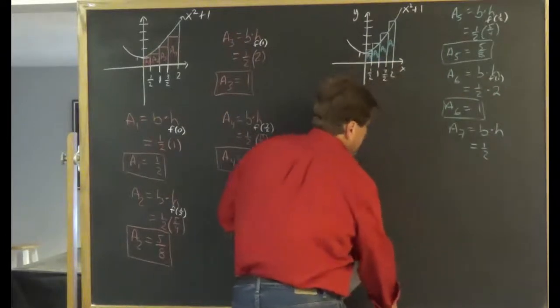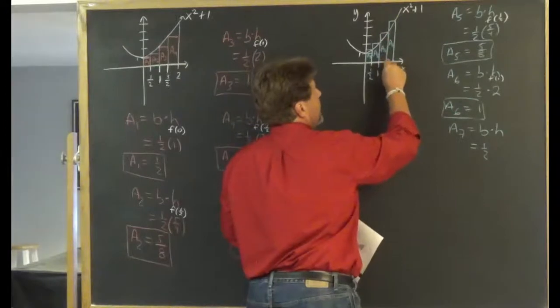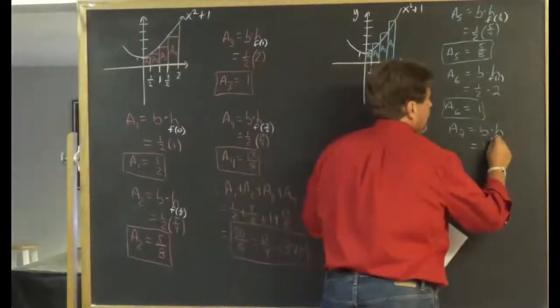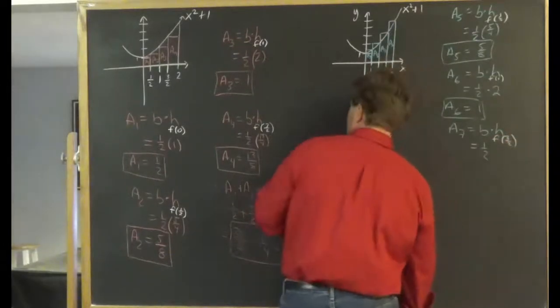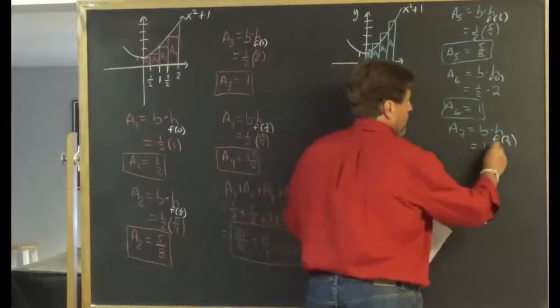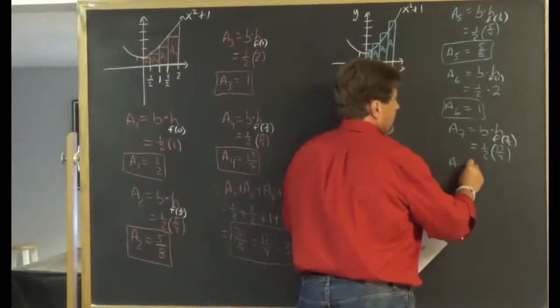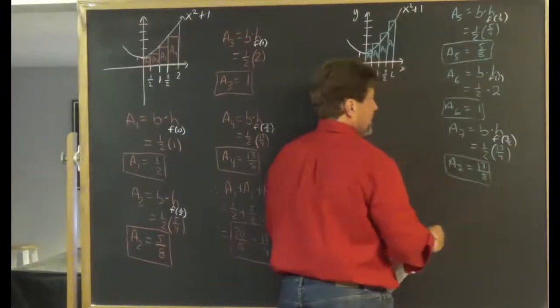Its height is found by evaluating the function at the right endpoint of that subinterval. So f of 3/2, and we know the f of 3/2 is 13/4. So rectangle 7 has an area of 13/8.